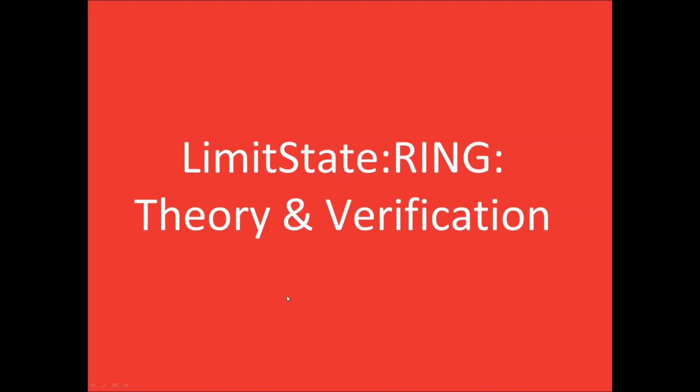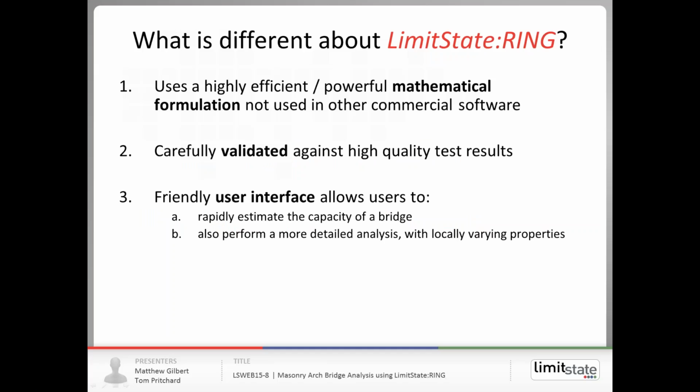Okay, so just have a quick look at how the software LimitState:RING actually works before we get into actually applying it. How does it differ from other tools? Well, we use mathematical optimization to home in rigorously on the critical failure mechanism and corresponding collapse load of the structure.